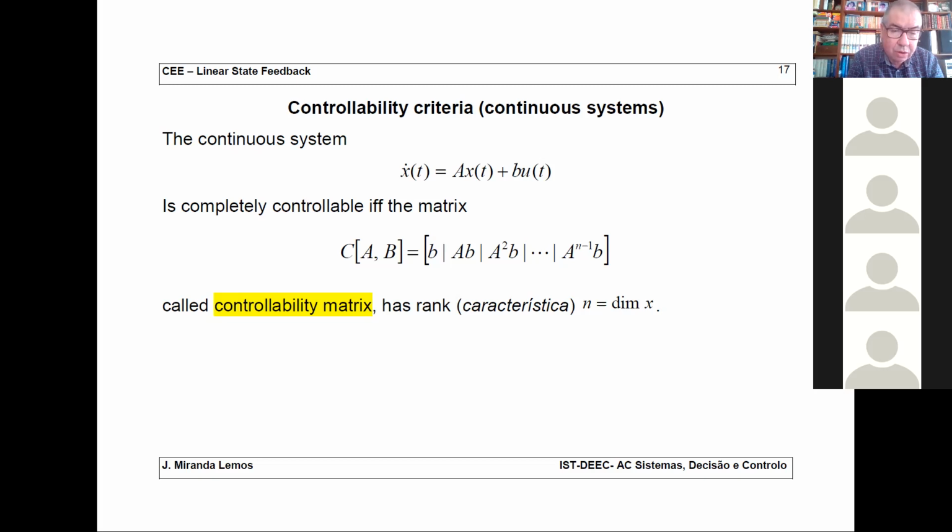So the rank of the controllability matrix tells you the dimension of a subspace that you can attain, which is not necessarily aligned with the axes for x1 and x2 and so on. I will show you one example in a moment. Okay, understood. Thank you.